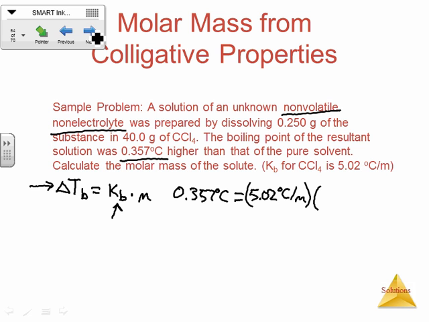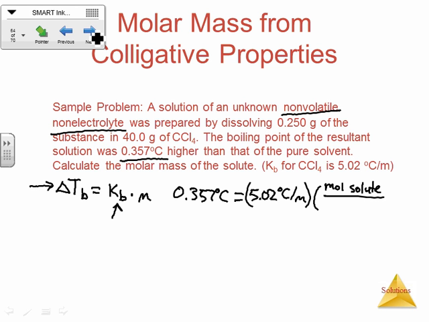Yeah, we don't know that, right? Okay. That's kind of what we're solving for here. So what I'm going to do, I'm just going to say moles of solute over, now we do know the kilograms of the solvent here, right? What's our solvent in this case? It's the CCl4, right? And there's 40 grams of that.